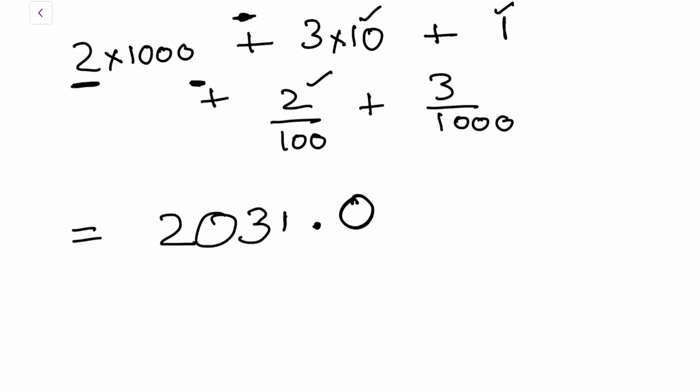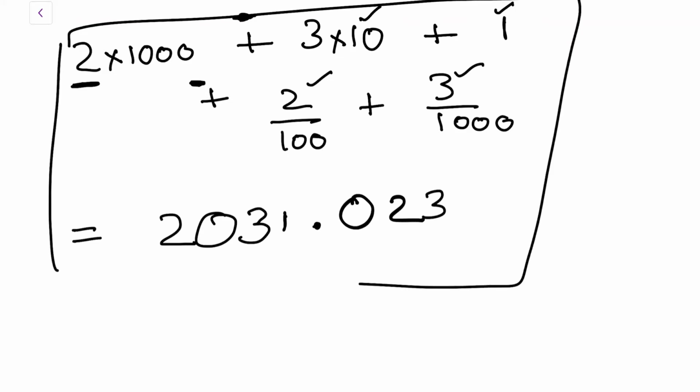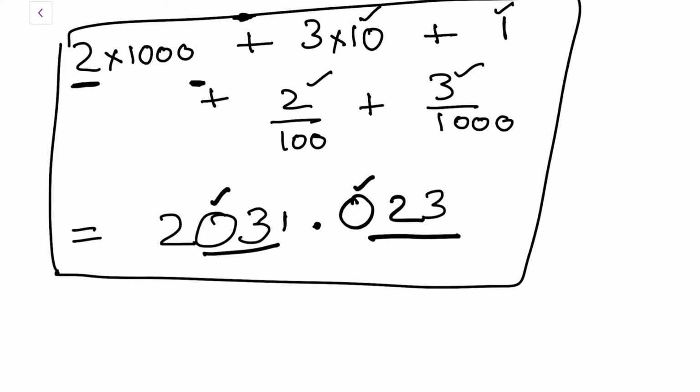Then you have the hundredths place, we have 2, and then you have the thousandths place, we have 3. So this is how you can write the decimal form from the expanded form, 2031.023. Remember, wherever the place value is missing, you just have to put 0.